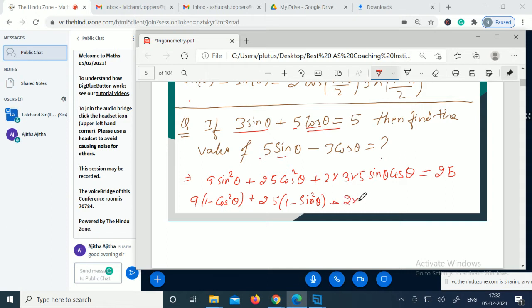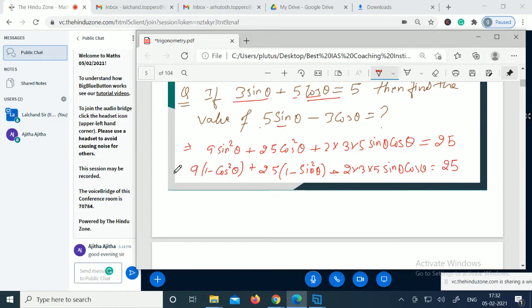So 2 into 3 into 5 sine theta cos theta equal to 25. Now if I simplify this, 9 minus 9 cos square theta, 25 minus 25 sine square theta. This 25 gets cancelled.